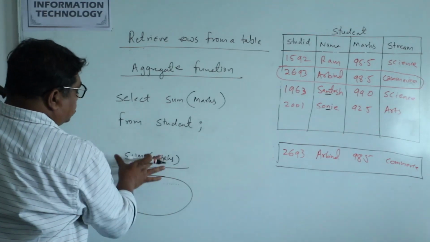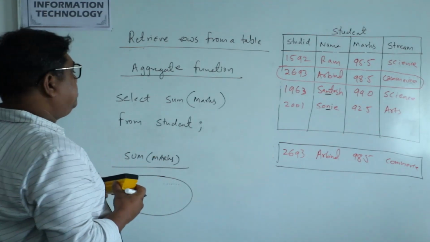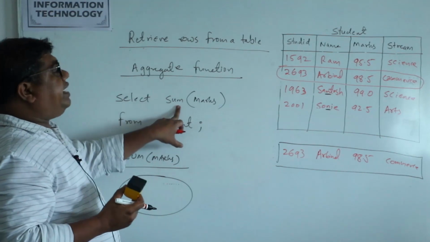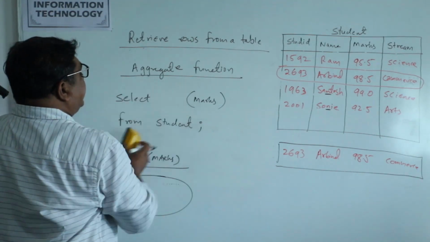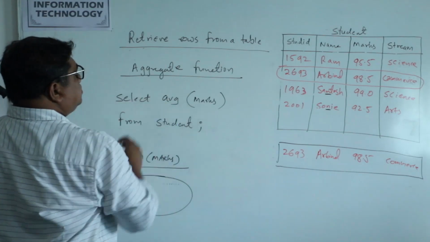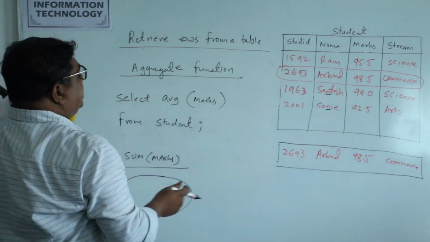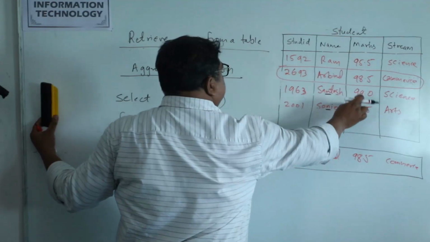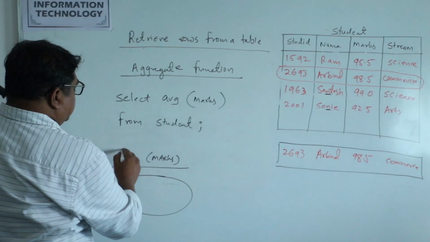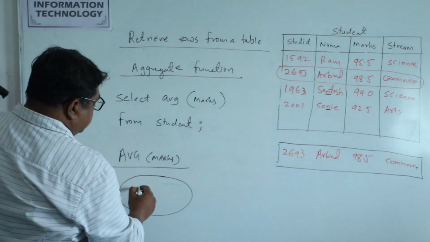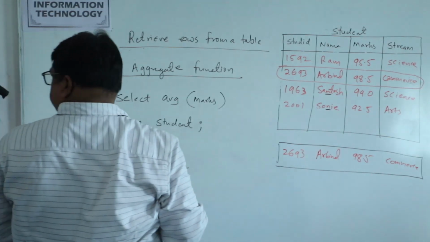So this is how to use sum marks. It works on a group of values for a column. Same thing, if I write average marks, it will add all those values, divide by 4, and give the average mark as the value here.